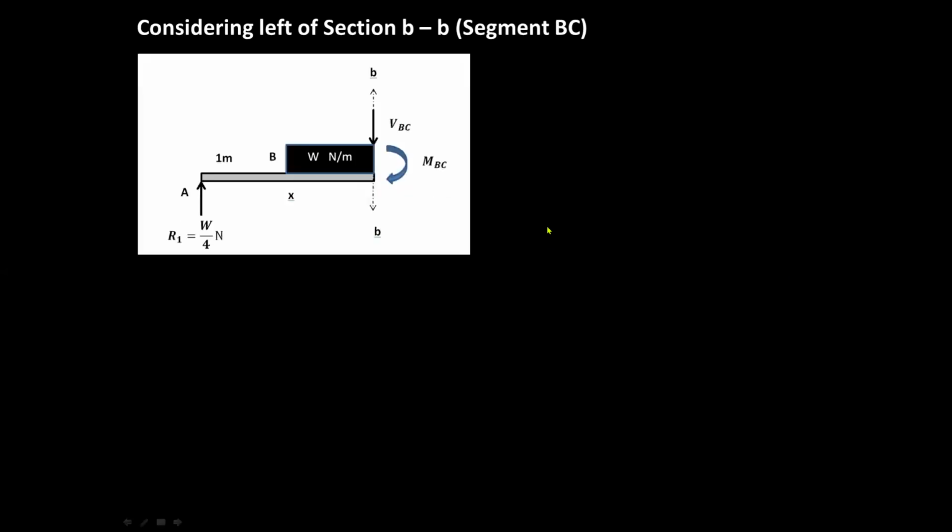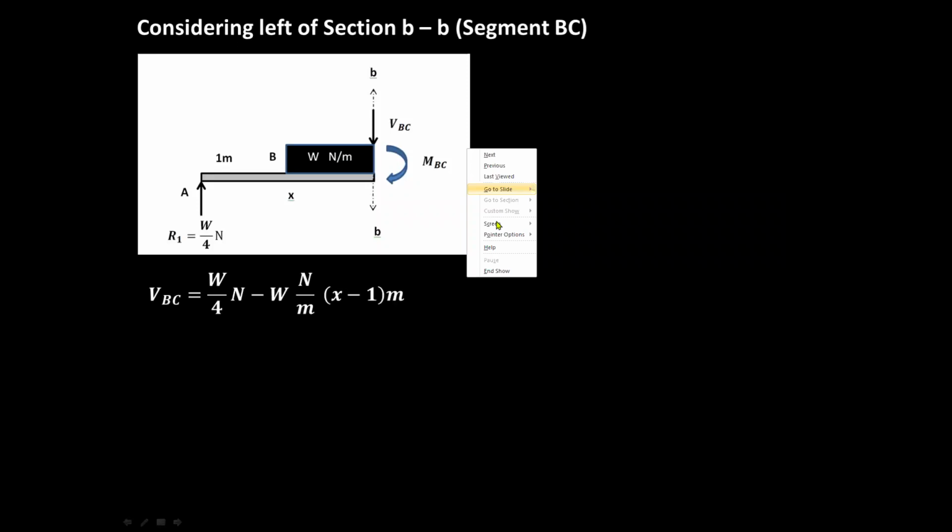Considering the left of section BB, segment BC. So here now, this is the left of BB, this whole portion. Again, let us compute VBC. Okay, W over 4, and then also W times X minus 1.